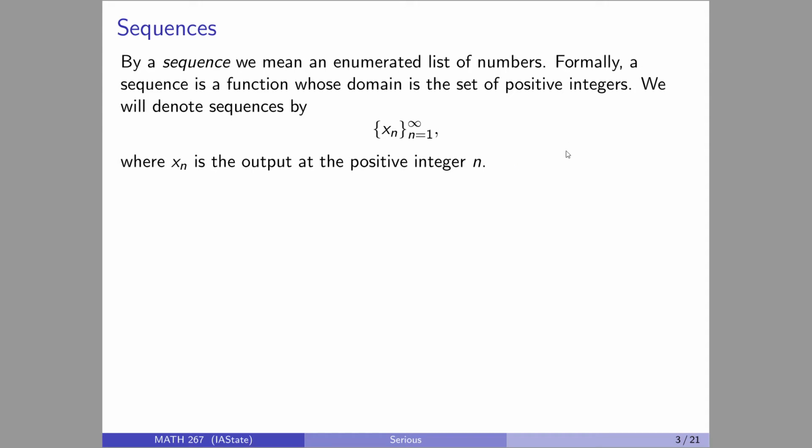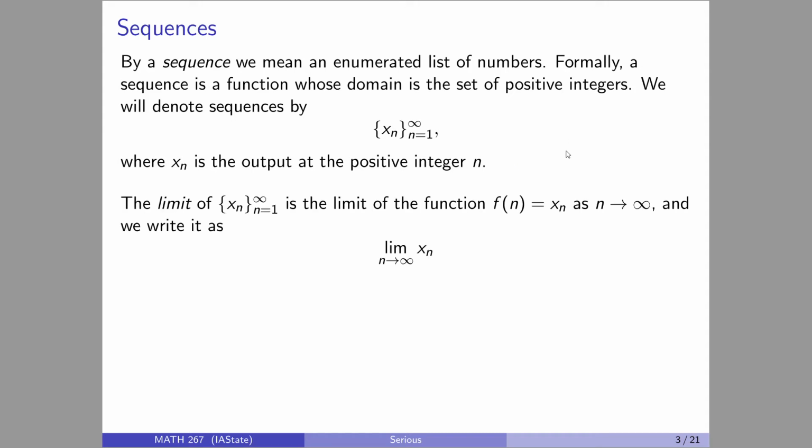But the thing that we care about with sequences is that because it is a function, that means we can take its limit. Specifically, the limit of the sequence is the limit of the function. And we write it using the usual notation. And it's worth noting that this is, of course, a limit going off to infinity. So it is a special case, but it is there nonetheless.